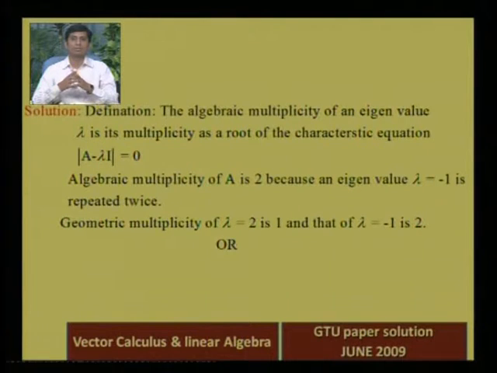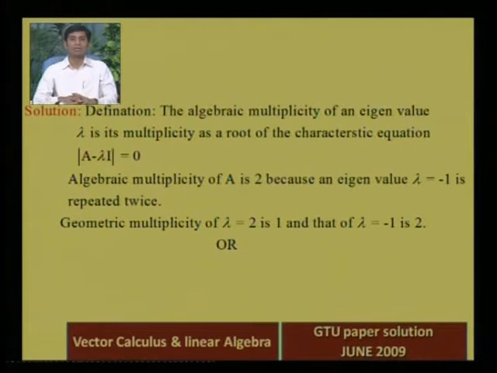Suppose lambda 2 occurs only one time, then the algebraic multiplicity of lambda 2 is 1. And suppose lambda 3 occurs 3 times, so the algebraic multiplicity of lambda 3 is 3.